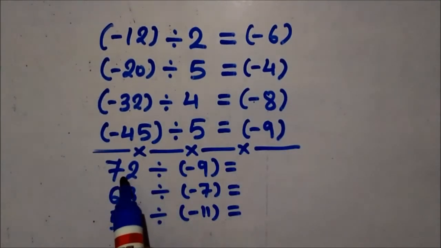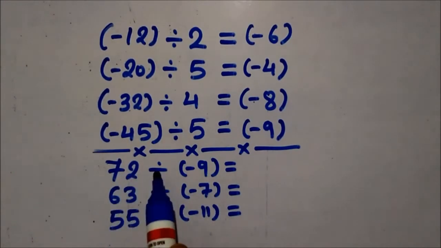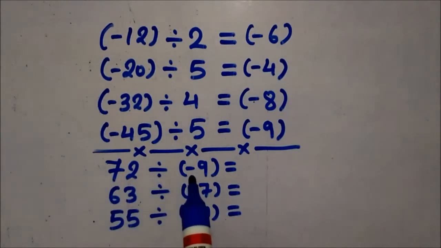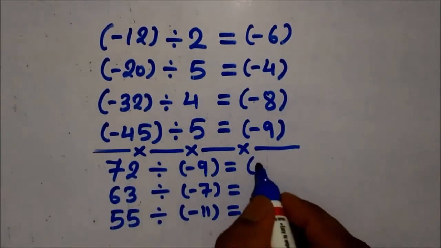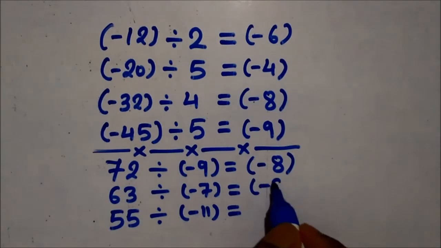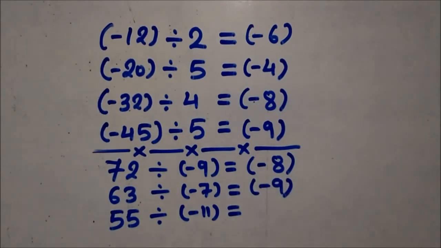Yes, let's take more examples. Here we have a positive integer divided by a negative integer. So 72 divided by -9, we will get -8. 63 divided by -7, we will get -9. Same way, 55 divided by -11, we will get -5.